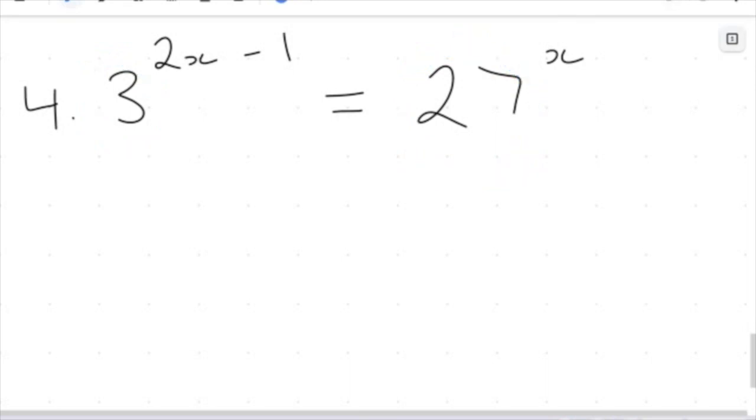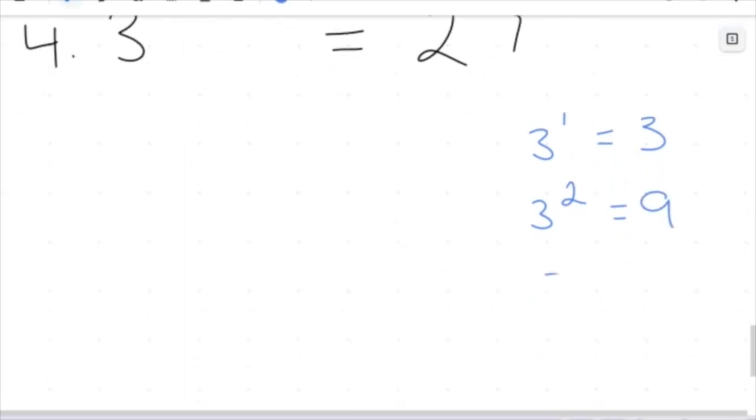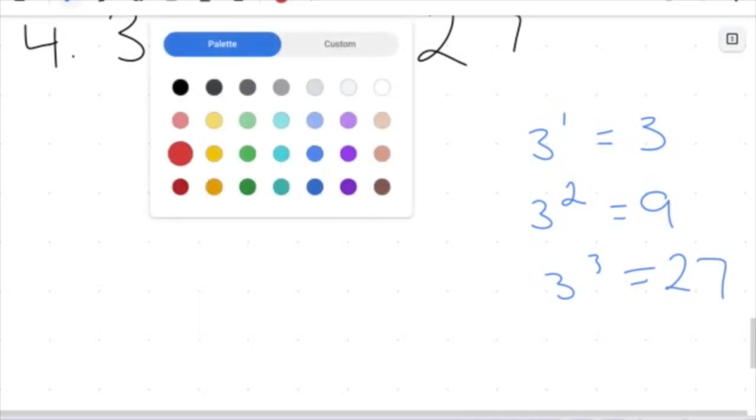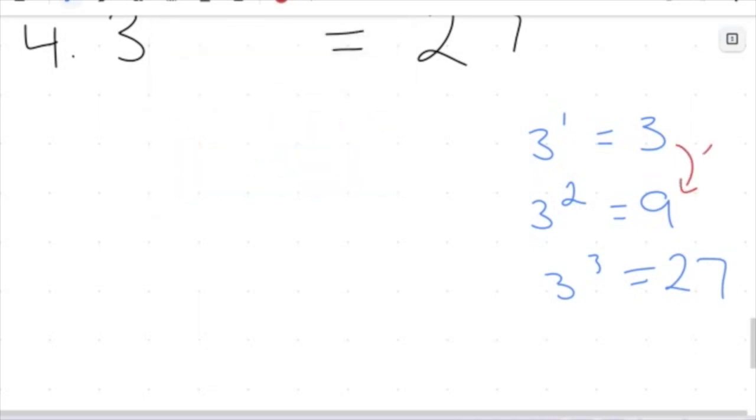But if we consider some of our powers of 3, 3 to the power of 1 gives me 3, 3 squared gives me 9, and 3 to the power of 3, or 3 times 3 times 3, is going to give me 27. So going down each of these, I'm multiplying by 3 every single time.